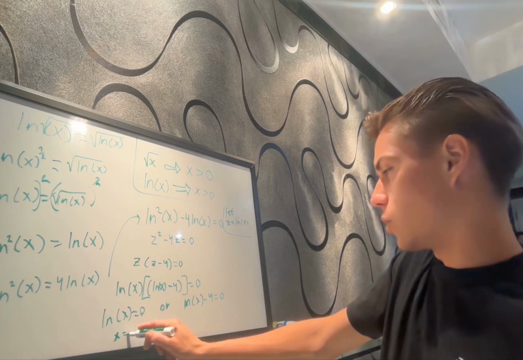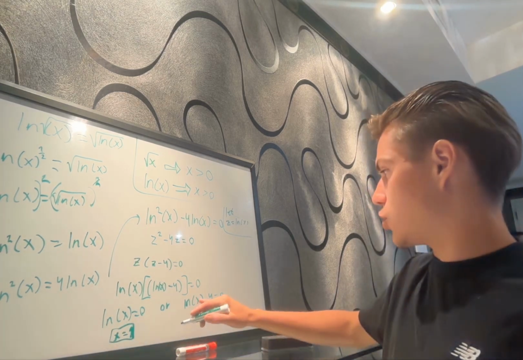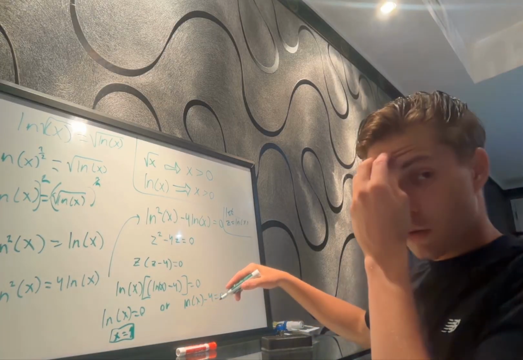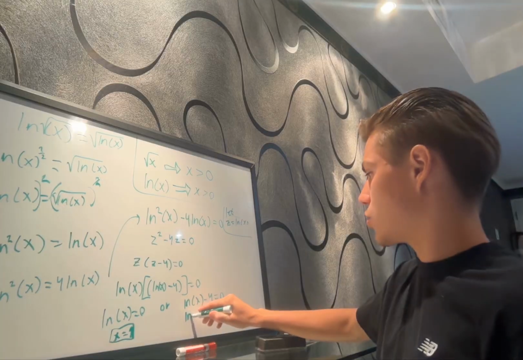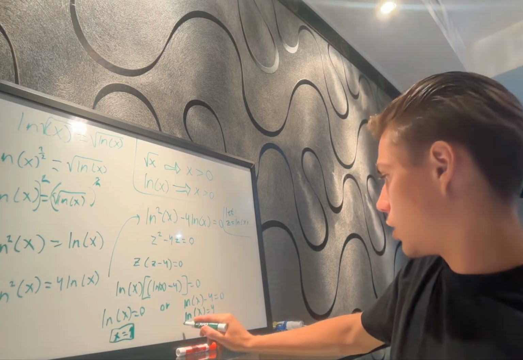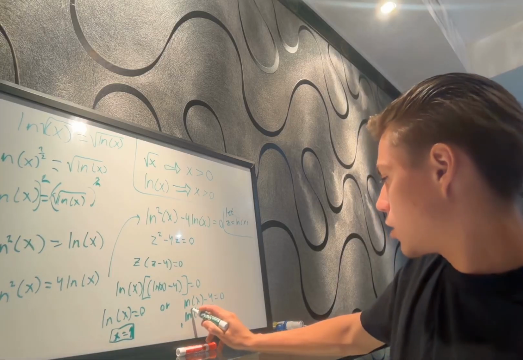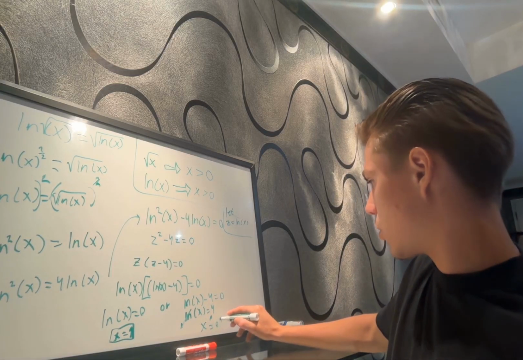Here x is equal to 1. And here we have natural log of x minus 4 is equal to 0. So we can just move the 4 to the other side. So we're going to get natural log of x is equal to 4. Get rid of that natural log by putting an e. Cancel out. And we get x is equal to e to the power of 4.